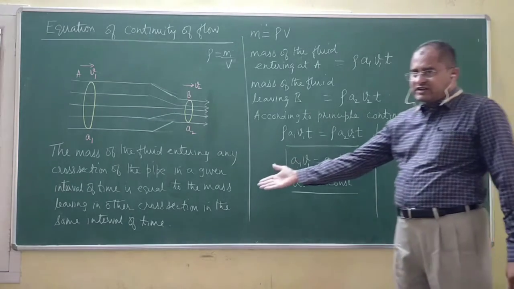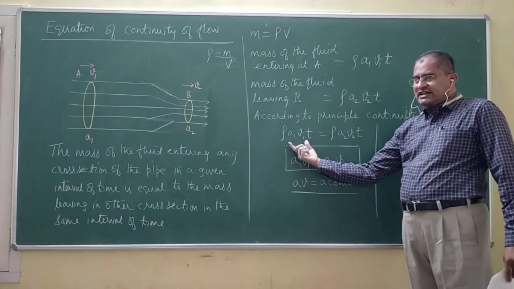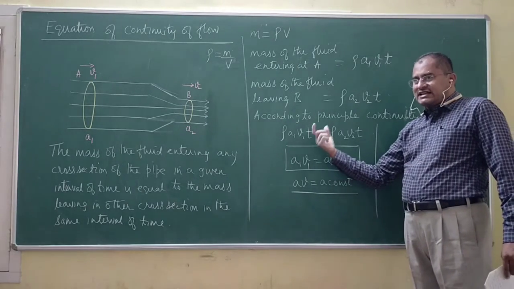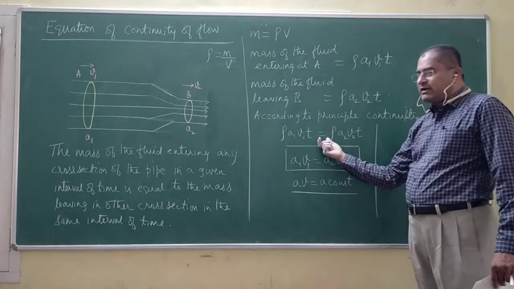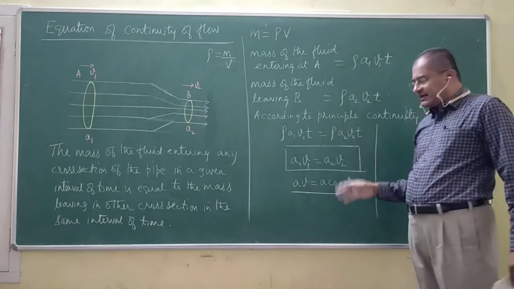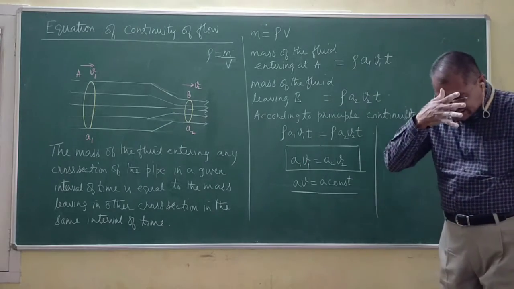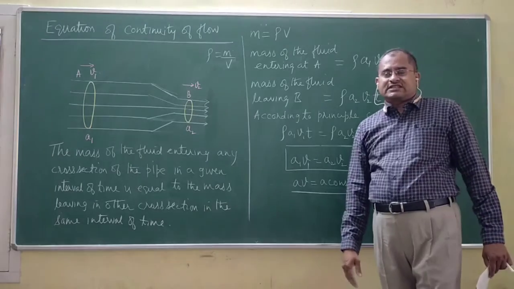According to principle of continuity, we know mass of the fluid entering any cross section at a given interval of time T is equal to mass leaving any other cross section in the same interval of time. Equate. To end up with this, AV is equal to a constant. This is the equation of continuity. Inferences to be made.